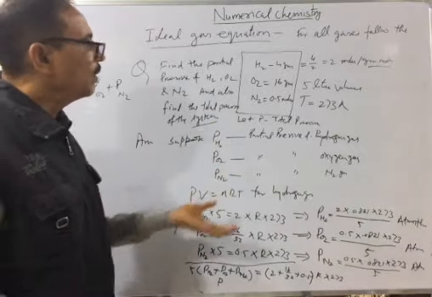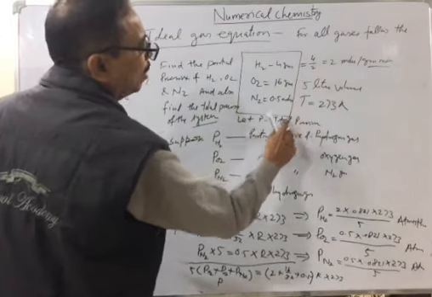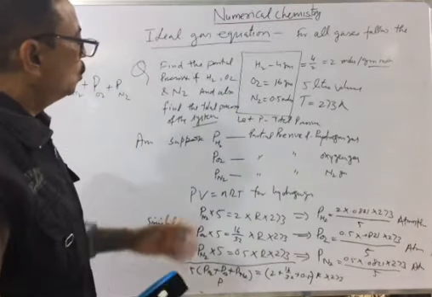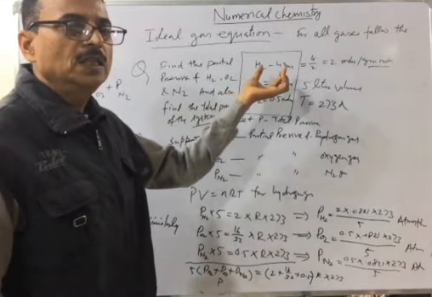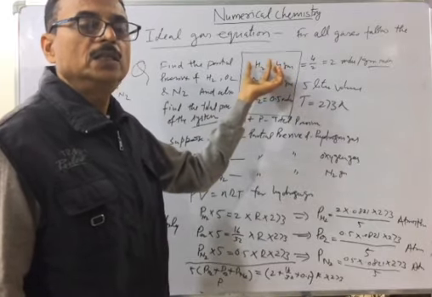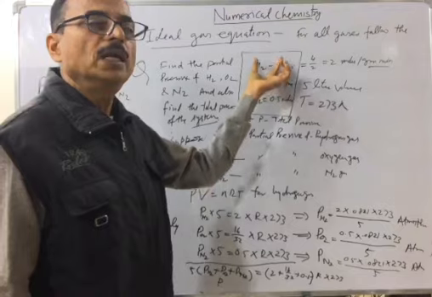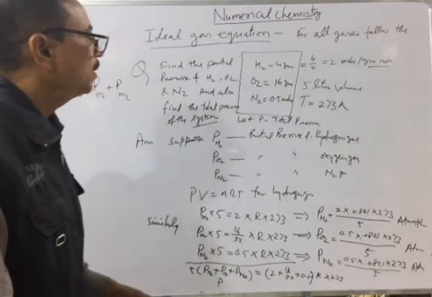So how will you calculate? Suppose P is the total pressure of the system. So you have understood what is the partial pressure. Partial pressure is the pressure of the gas exerted by only one component of that gas.